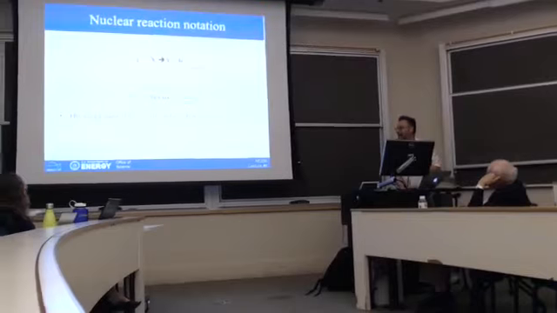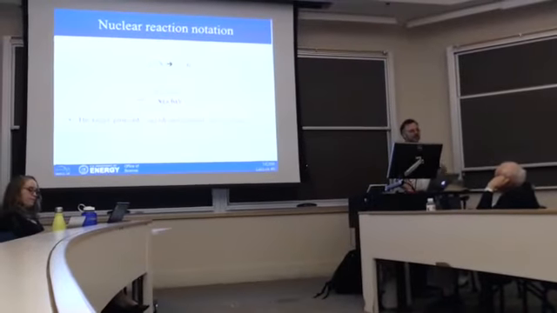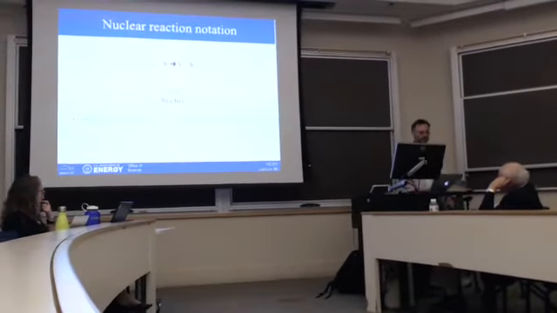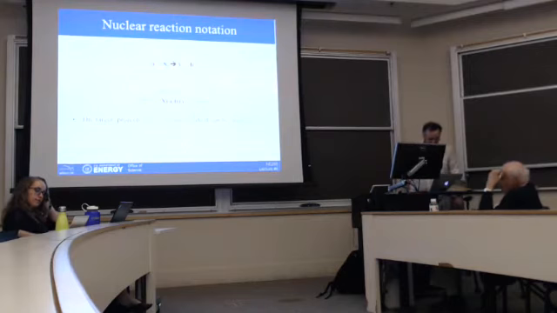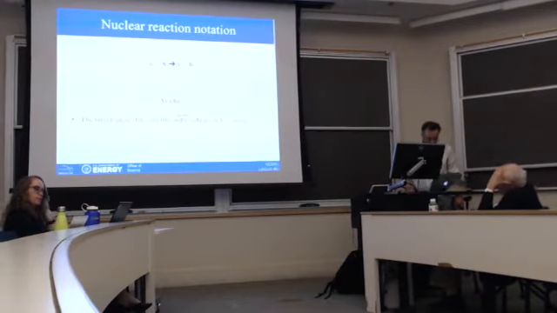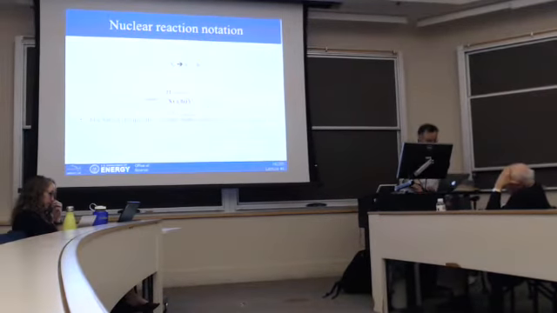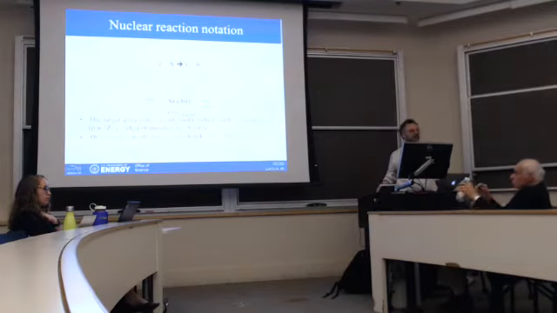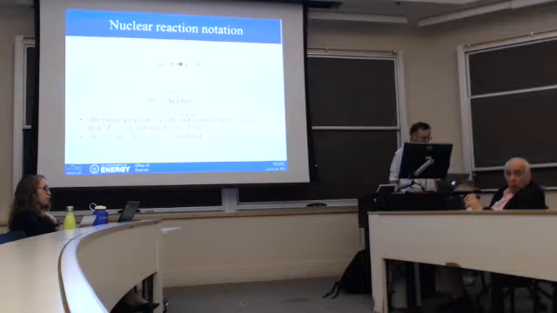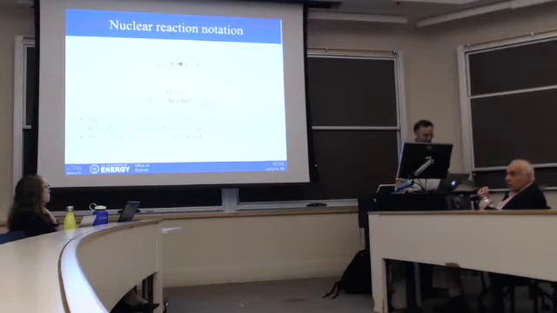The projectile, which for most of what we've talked about today is like a neutron, is the first thing inside the parenthesis, and the ejectile is the second thing. So the target, the projectile, the ejectile, and the residual can be massive, meaning a proton, a neutron, some sort of an element with some number of neutrons and protons, etc. Or it could be massless.